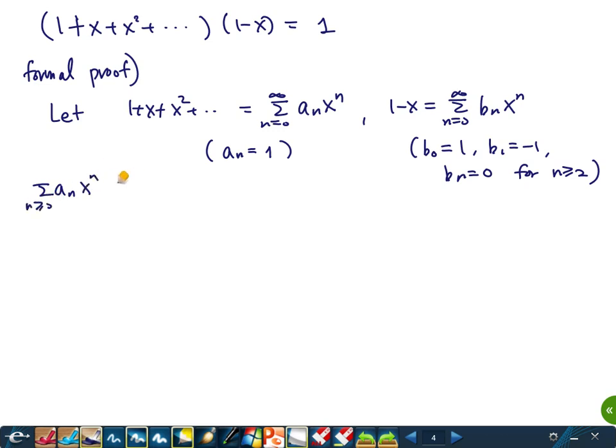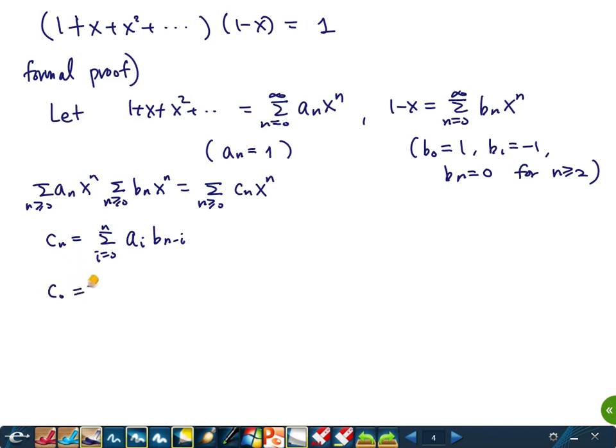The sum over n greater than or equal to 0 of bn x to the n. What is this? Summation. Let's for now express this way. This should be another generating function. Cn is equal to, by definition, the sum of ai bn minus i. Okay? Let's compute Cn. So we will divide into two cases.